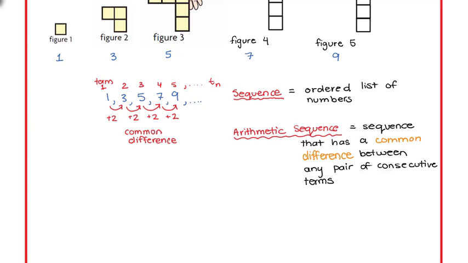We can predict any term number using the arithmetic sequence equation. Any term number can be determined using the arithmetic equation, where we can figure out that term is equal to the first term, a, plus that term number, n, minus 1 times that common difference.